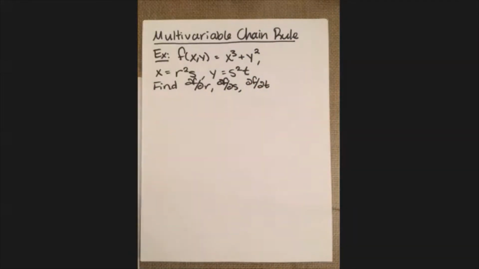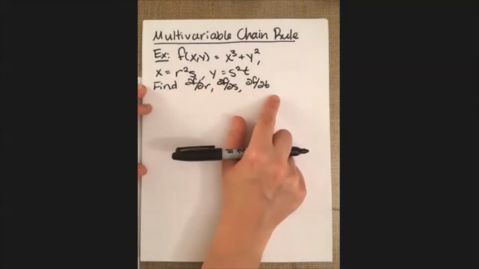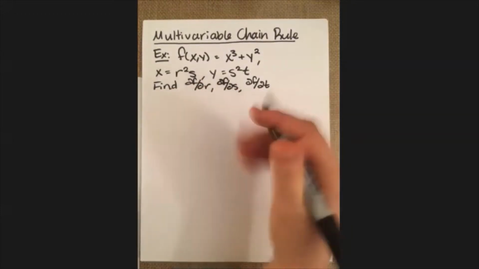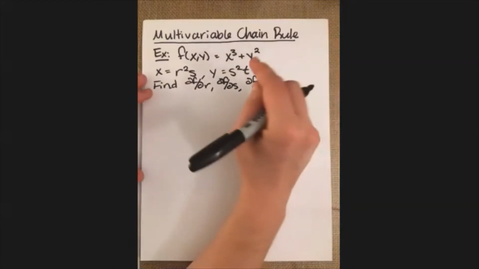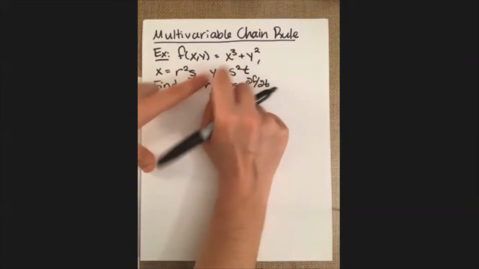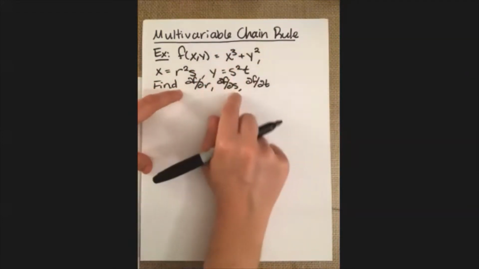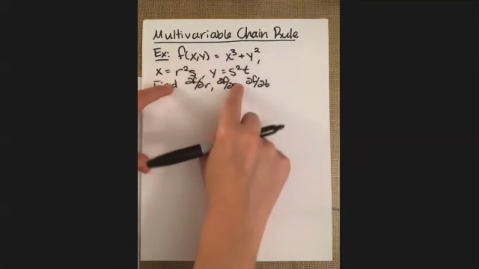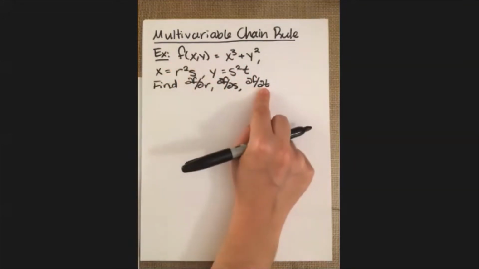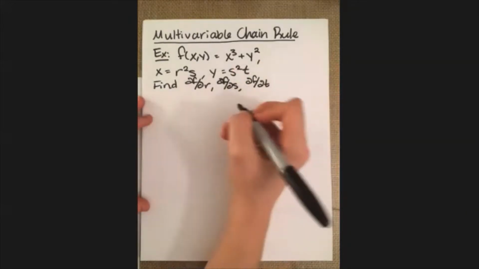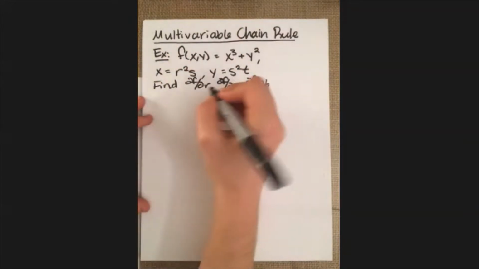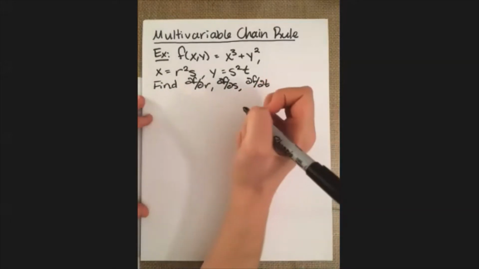So the way that we're going to find these different partial derivatives is going to be to create a chain of dependencies between f and then to x and then to r, and then also similarly through y down to r, and then the same idea for s and for t. And the way that I like to go through this is using a tree diagram that shows how all of these things are related to each other.